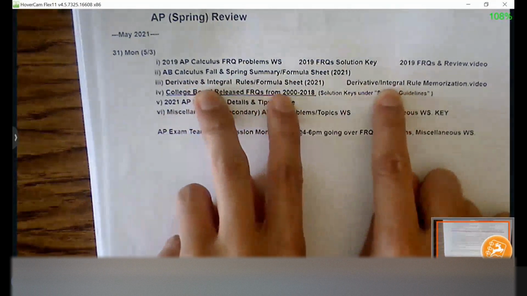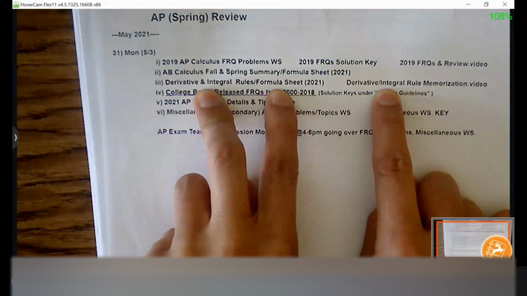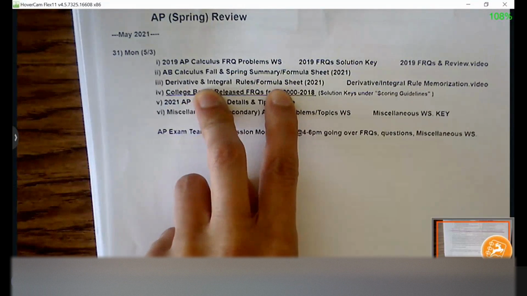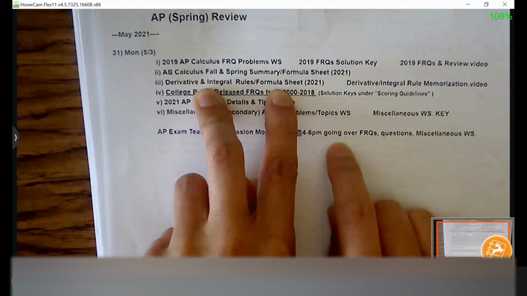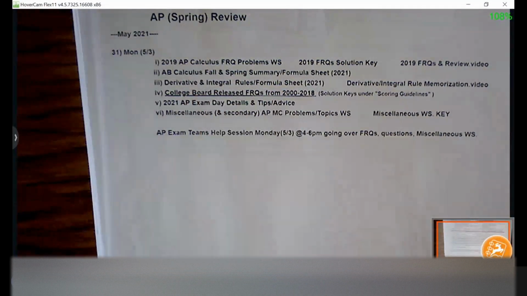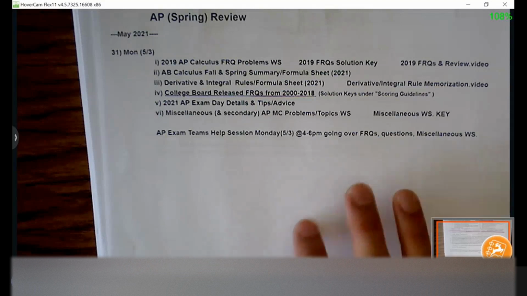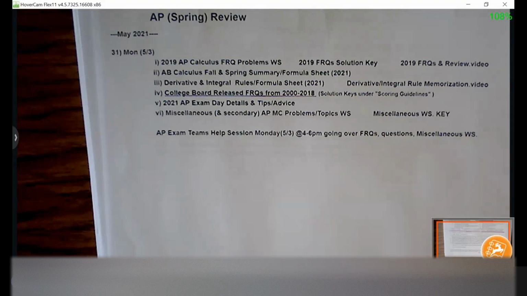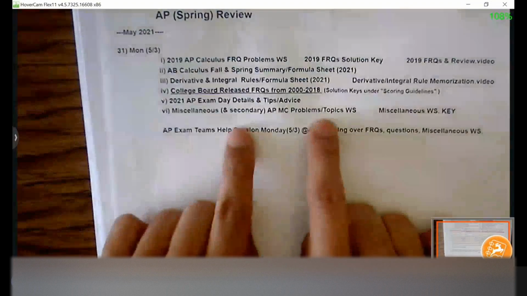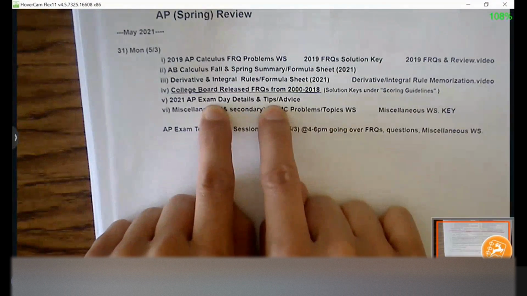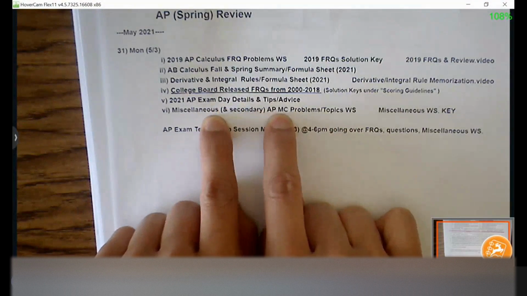Derivative and integral formula sheet. Encourage you guys to print these out and see if you can commit them to memory. If you want to do the more obscure ones, that's great, but at least the major ones, at least the 6 derivative trig rules. I think those are relatively easy to do, and you should be able to get that practice in. The tips, details, and advice you guys picked up.